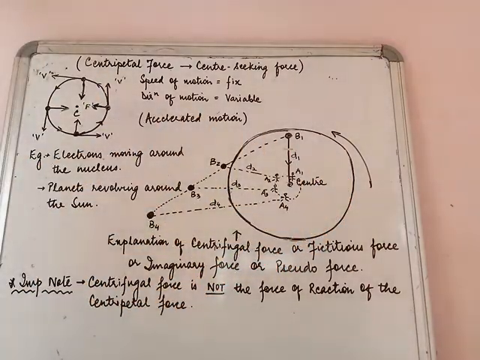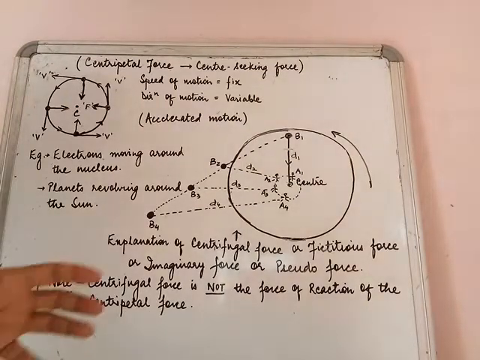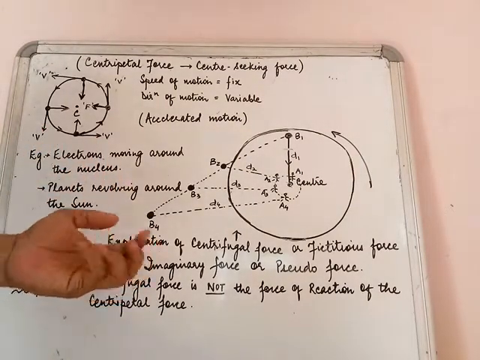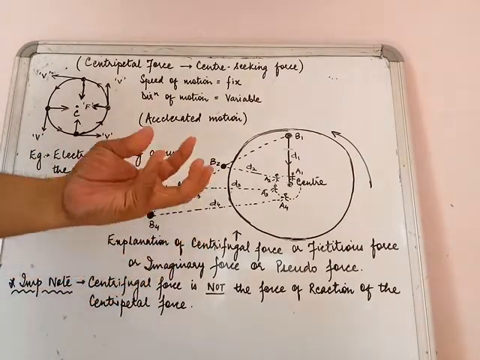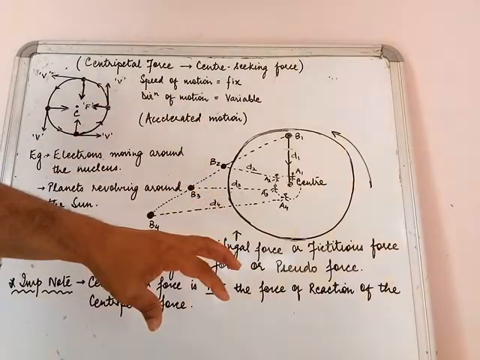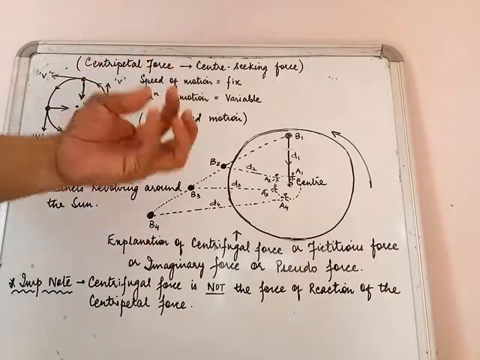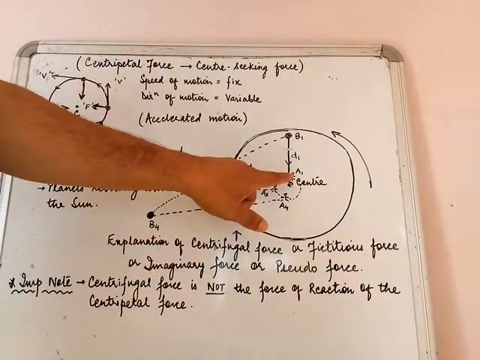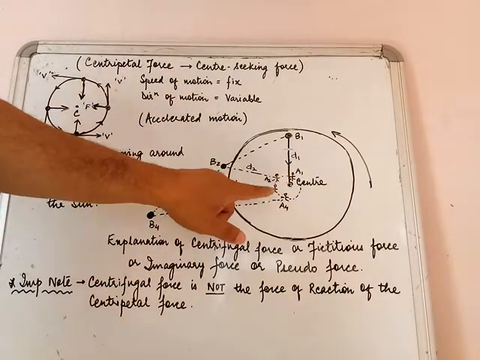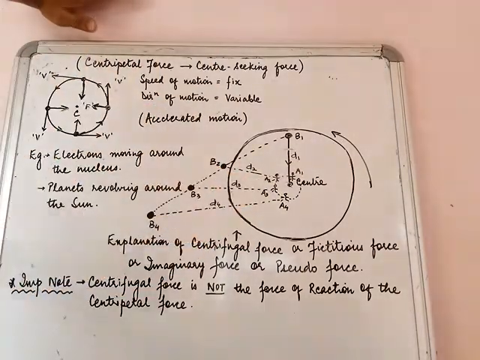Now how does this person experience it? Please remember that the definition says that centrifugal force is a force assumed by the observer. So it's not a real force, it's not an actual force, but it is only assumed by an observer standing over here who is also undergoing rotation.